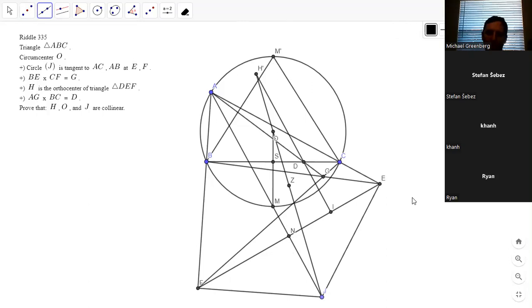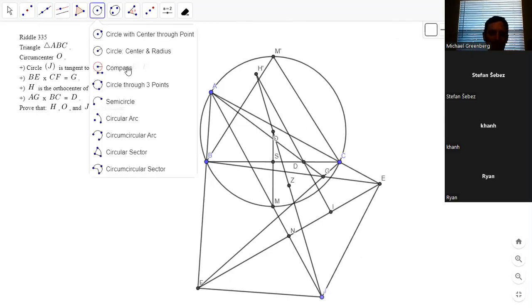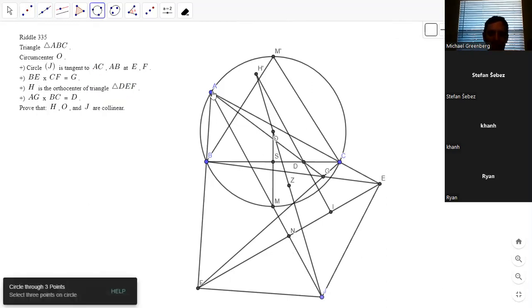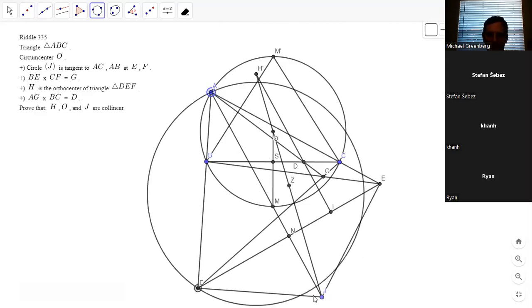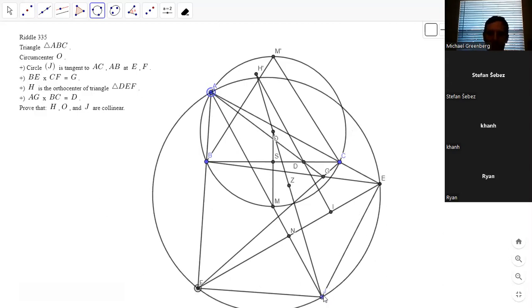And BC corresponds to EF. Yeah, let's draw this circle again. So we have these similar figures. Now I'm wondering if we really did want P, because then we'd have a lot of spiral similarities.